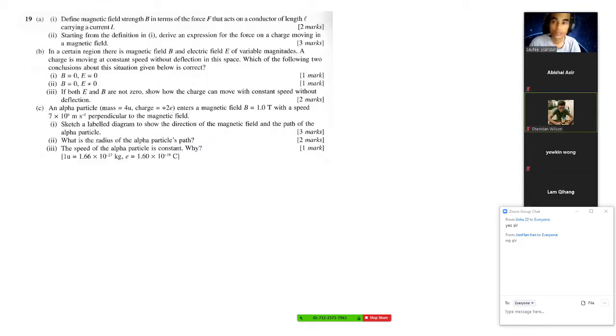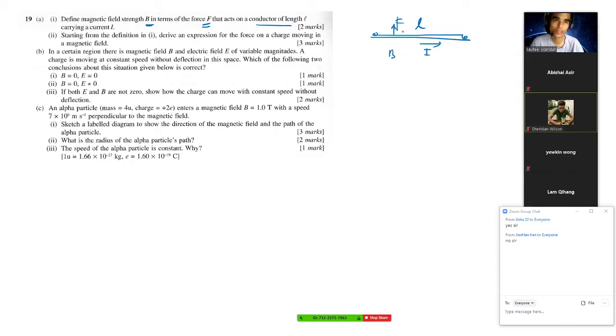19. Define magnetic field strength B in terms of the force F, on a conductor of length L carrying current I. So we have a conductor of length L carrying a current I, and we have a force on it, and we have a B area.